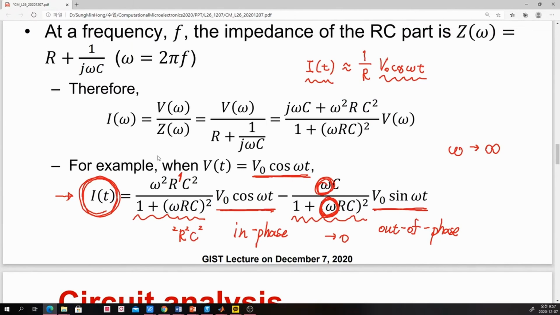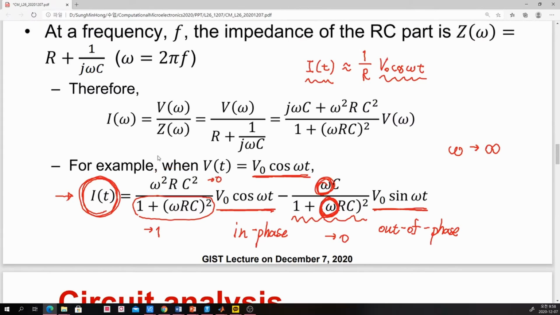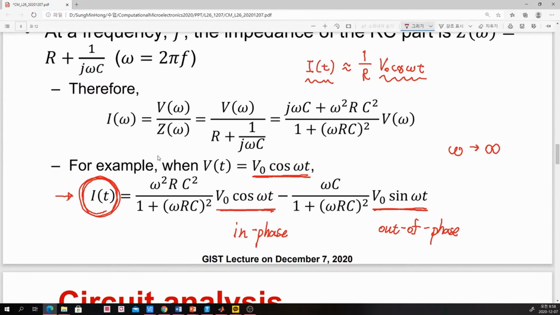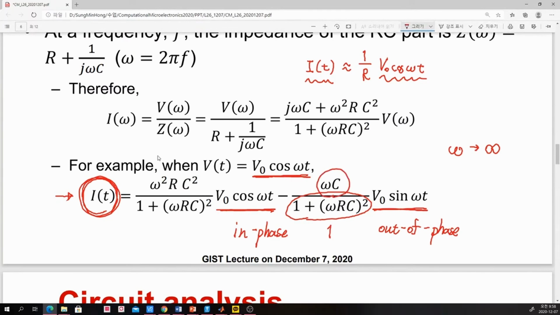Then let's go to this one once again. If we go to really low frequency, then what will happen to this guy? This part becomes just 1, this part becomes 0. So the first term goes away, and in the second term, here we have 1, and this is omega. Of course, when you go to low frequency, this one still entirely goes to 0.